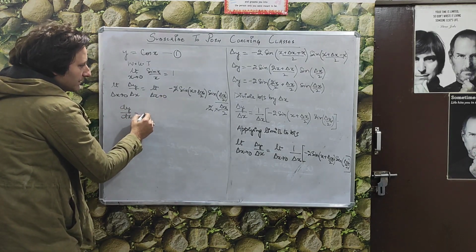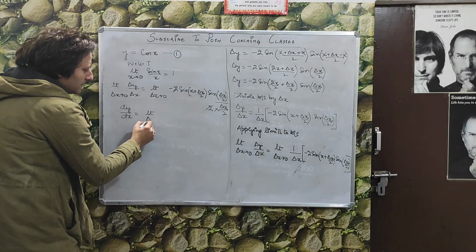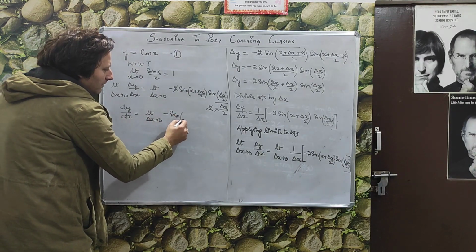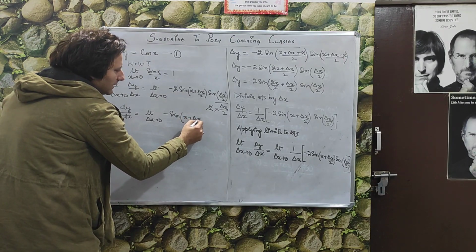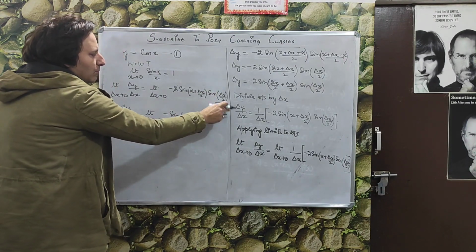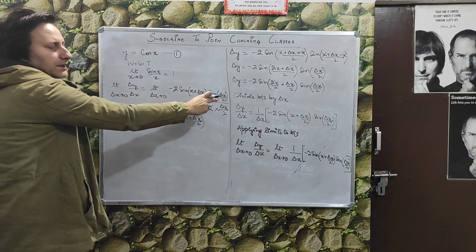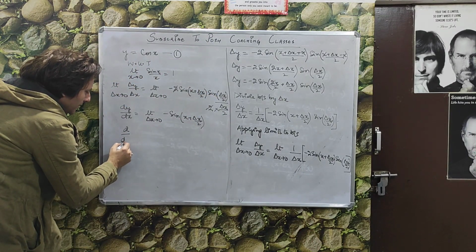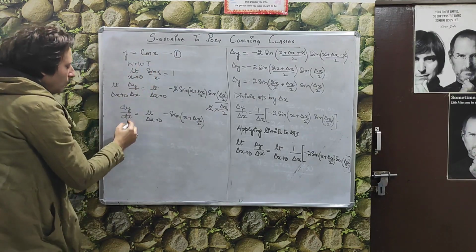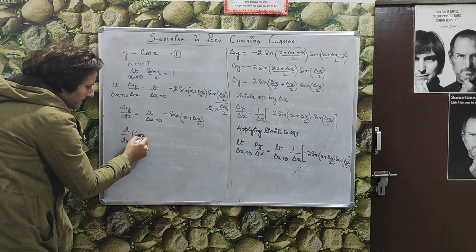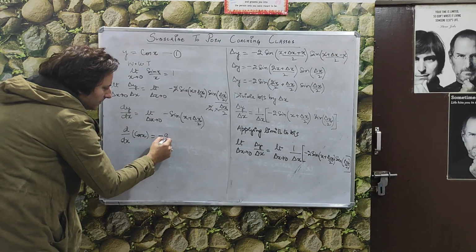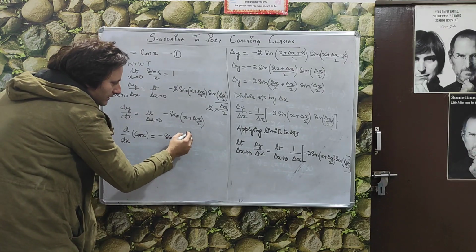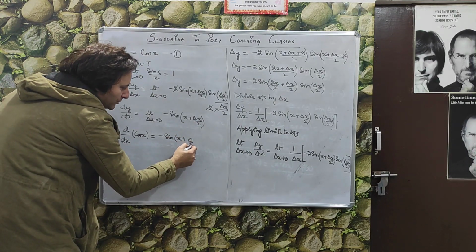Now this becomes dy upon dx. Now what we have here, it is limit delta x tends to 0 minus sine of x plus delta x upon 2. This whole thing, because of this formula, is 1. So we don't need to write that. So d upon dx, y was cos x, is equal to minus sine of x plus, if I apply delta x 0, it becomes 0 upon 2.